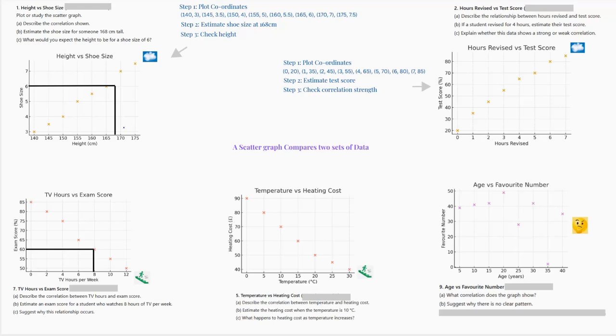Now, a correlation is just a bunch of data, like what we've just plotted, and to read what it says, it's telling you something. When the plots go up this way to the sky, it's called a positive correlation.